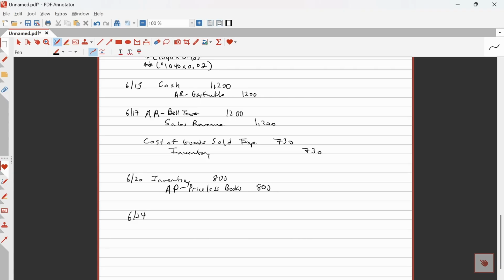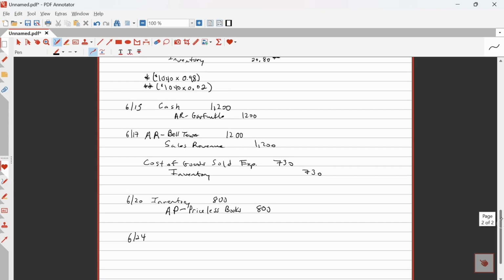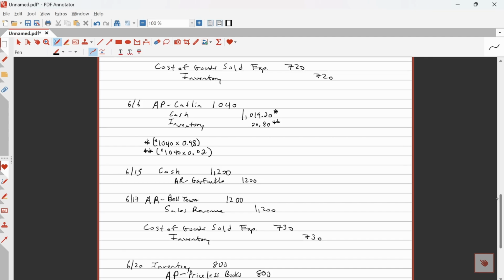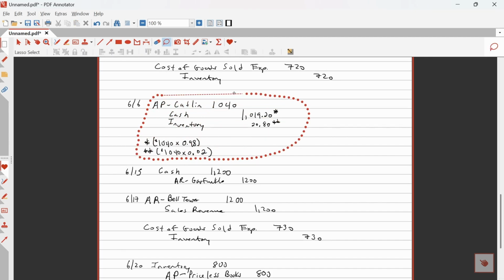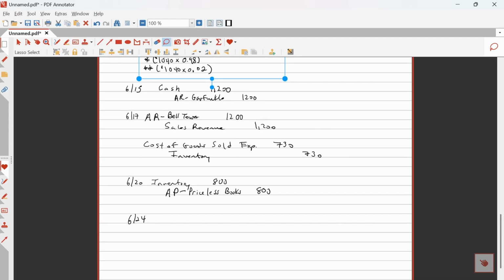We give 10 days. If they pay within 10, 2% discount. So they're going to get a discount, and we're getting payment from them. So they're paying within the discount period.